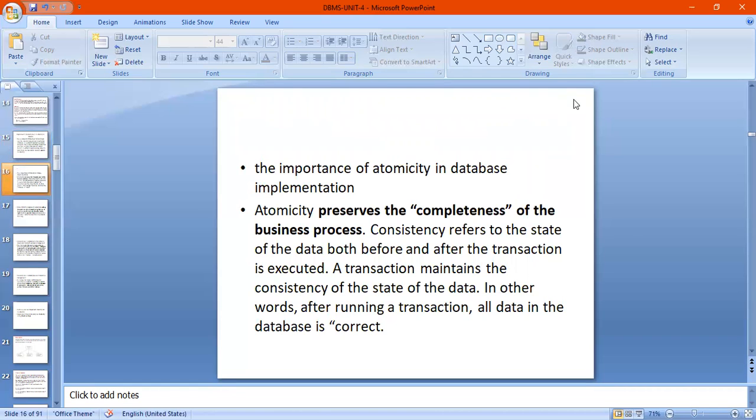Consistency refers to the state of the data both before and after the transaction is executed. A transaction maintains the consistency of the state of the data. In other words, after running the transaction, all data in the database is correct.